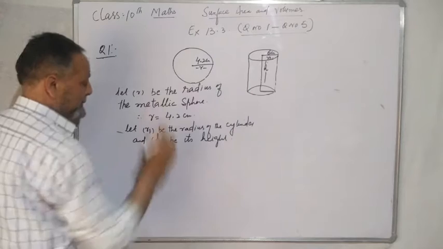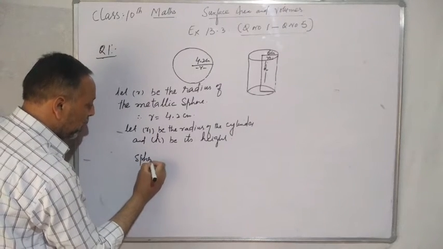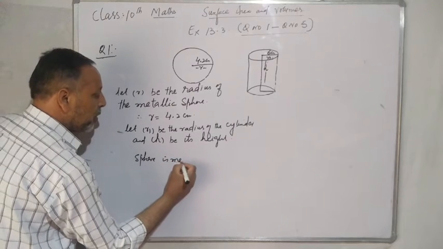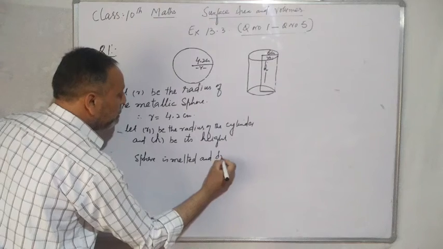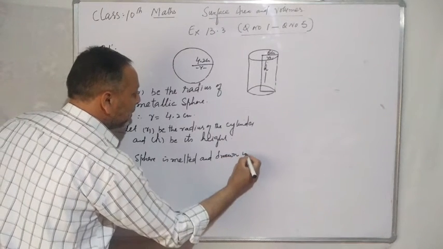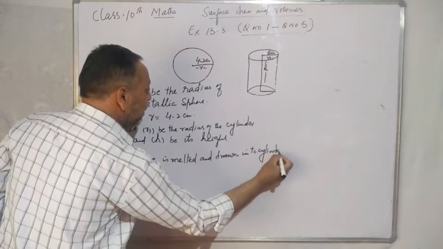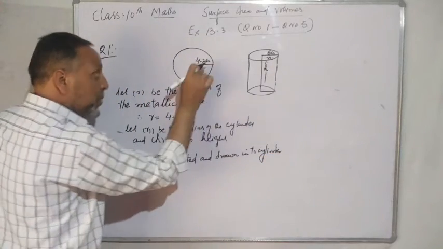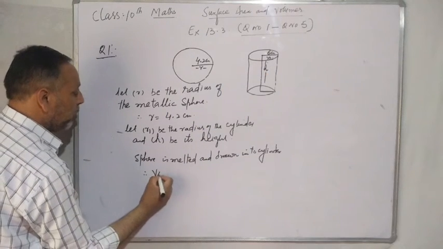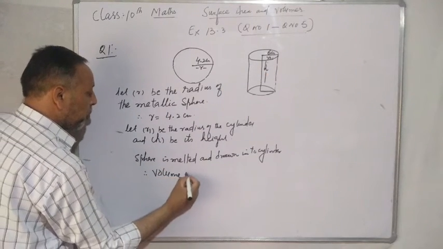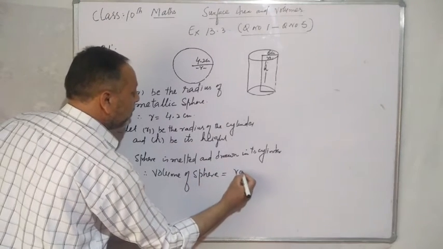Now the question says, sphere is melted and drawn into cylinder. This means volume of sphere is equal to volume of cylinder.